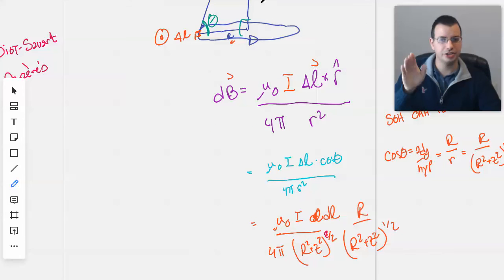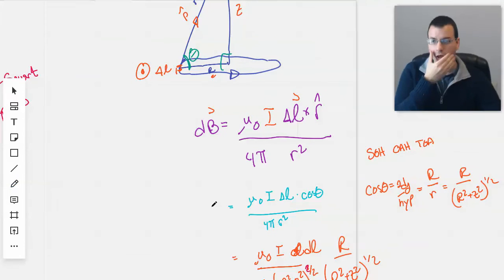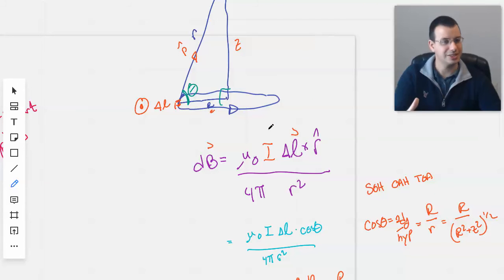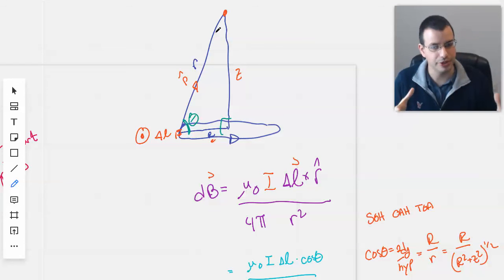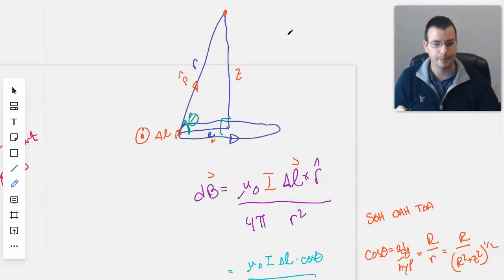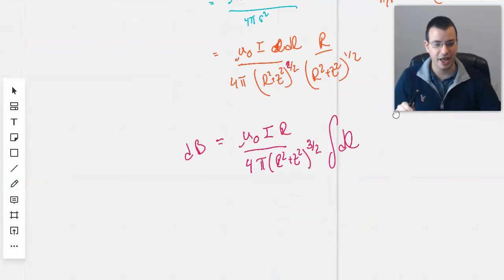The R is a constant, the Z is a constant. The only thing that's really changing is the delta L going around the loop. But going around the loop, the radius is going to be the same. The distance to this point at distance Z above the loop will be the same. Everything else will be the same.